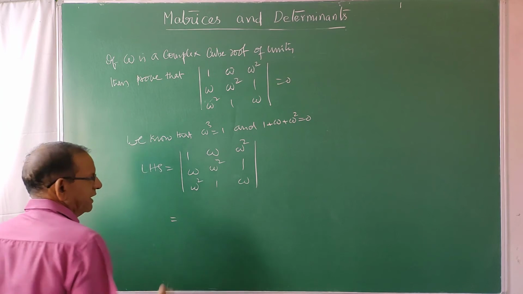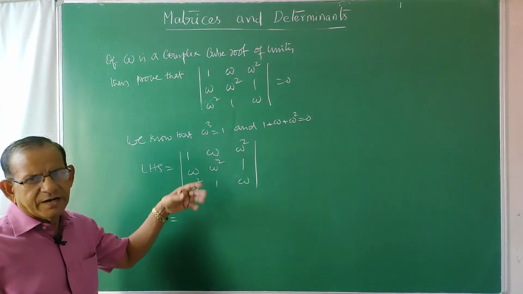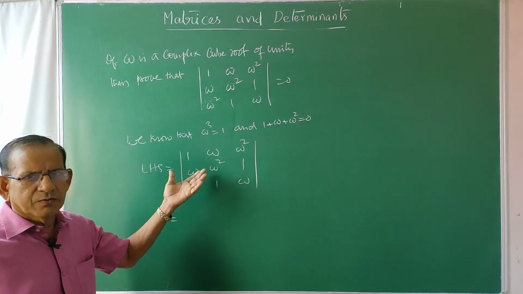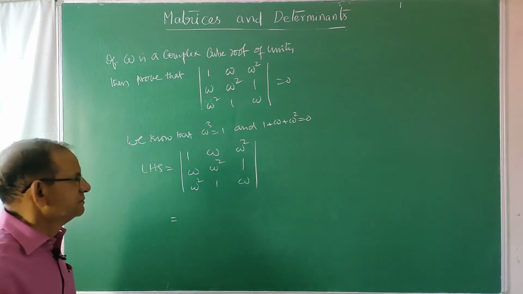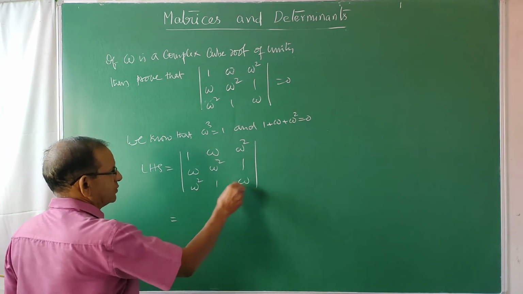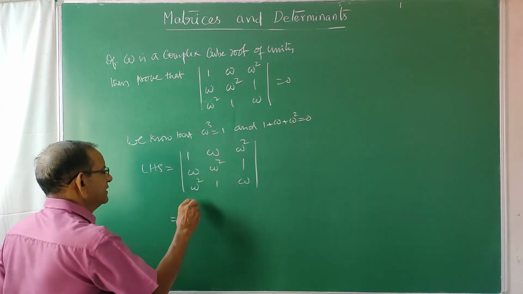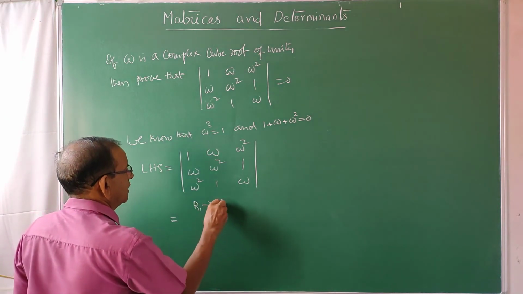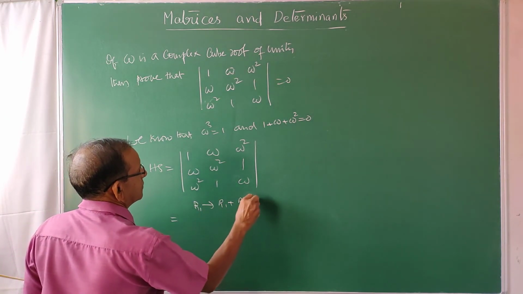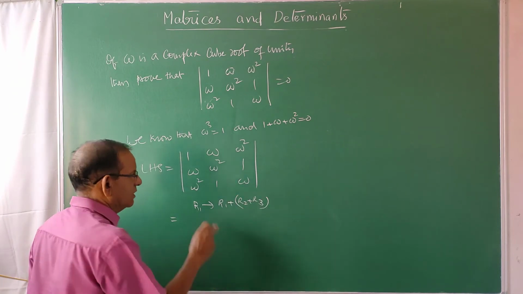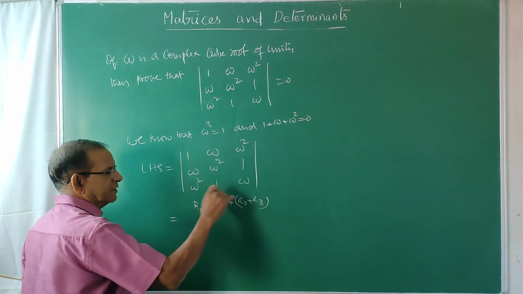Now by adding, if you add any row to any other row, there won't be any change in the determinant value. So add these last 2 rows to the first row, that is R1 changes to R1 plus R2 plus R3. For R1, for the first row, add second row and third rows.